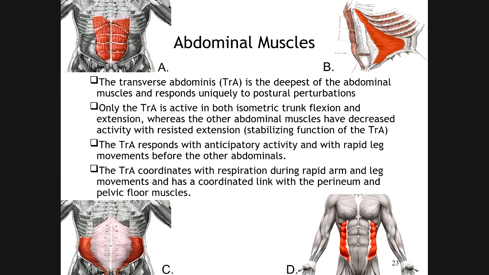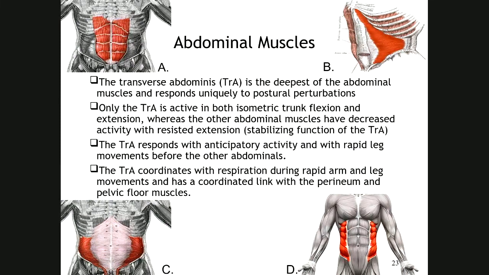Okay, what's B? B is going to be our transverse abdominis. C is going to be which oblique? Internal oblique, and then D is going to be your external oblique. Good. So this is the brace, the part of the brace that's in the front of our bodies.